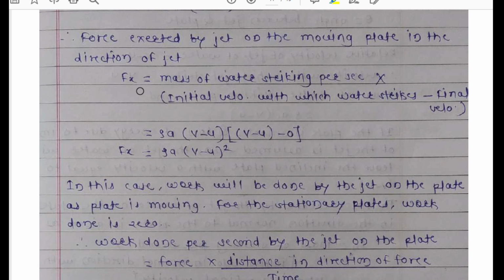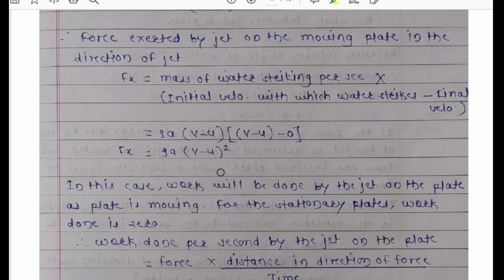Now in the direction of x there is no final velocity of the jet, so there is only initial velocity, that means v minus u. So put those quantities: rho a (v minus u) into (v minus u minus 0). So Fx is rho a (v minus u) square.